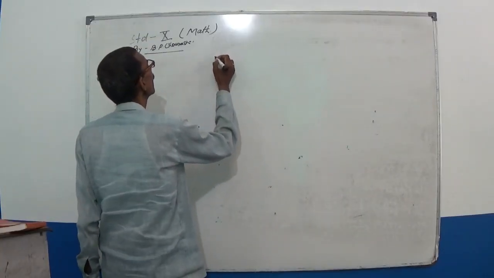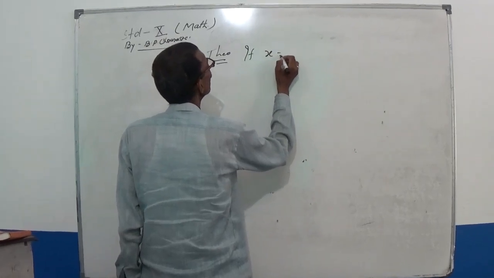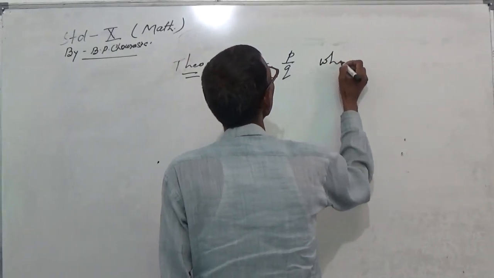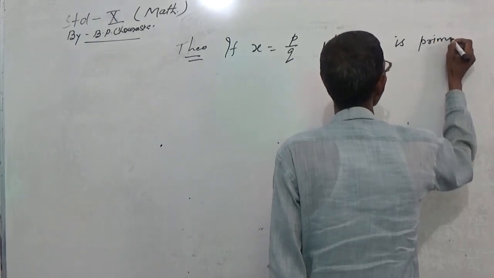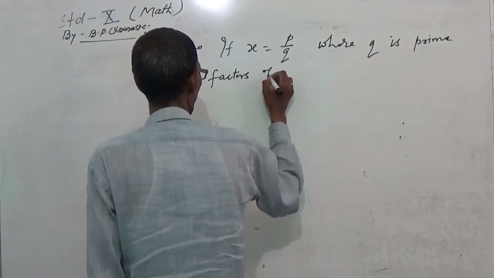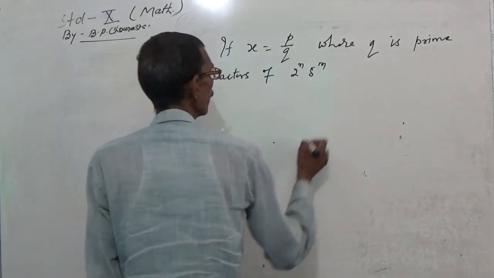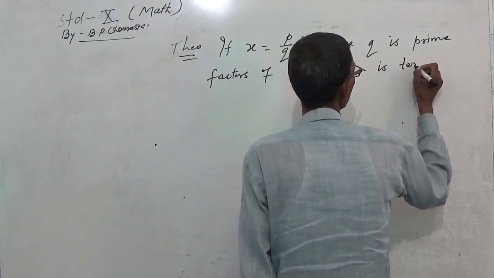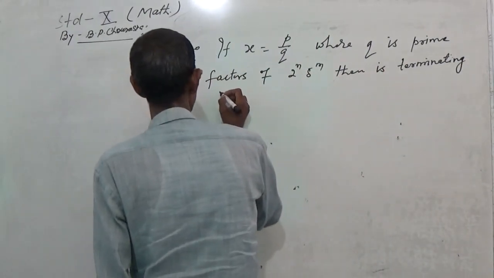Now look carefully at this theorem. If x is equal to p by q, where q has prime factors of the form 2 to the power n, 5 to the power n, then x is a terminating decimal.